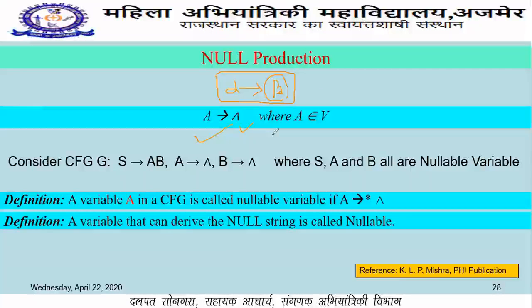And this variable A is also known as a nullable variable. Meaning in a context-free grammar, any variable that can derive the null string is known as a nullable variable.